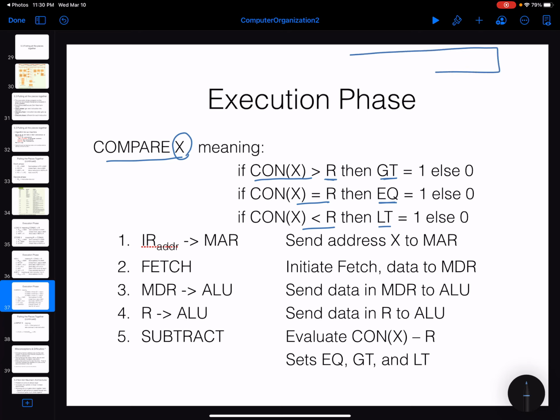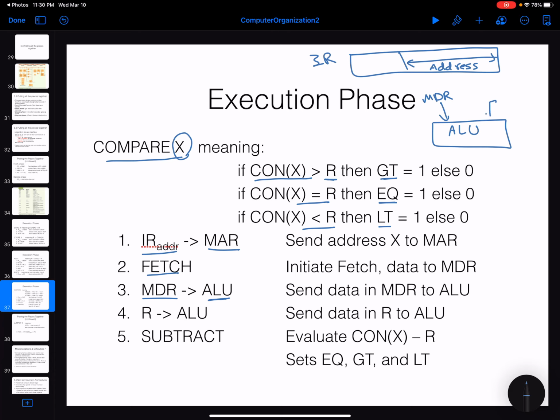Where is x? It is in the address part of the instruction register. That value will be sent to MAR. We fetch it, so we copy the value from MDR and send it out to the ALU.